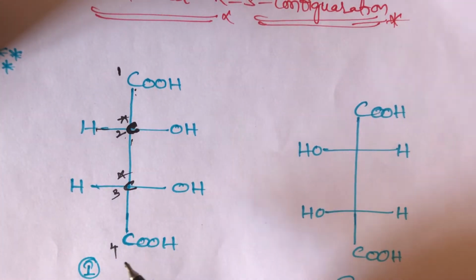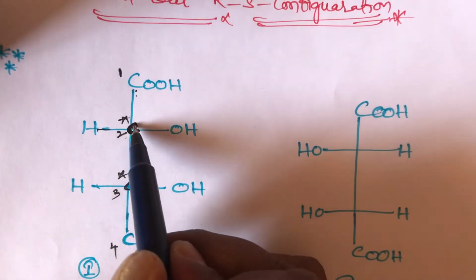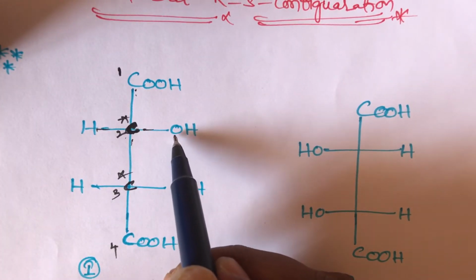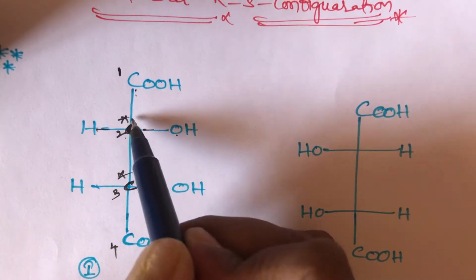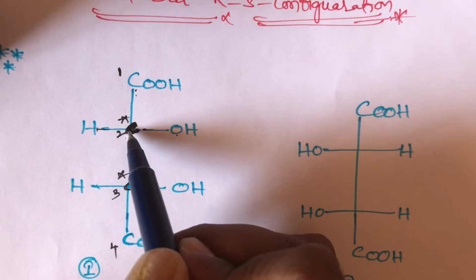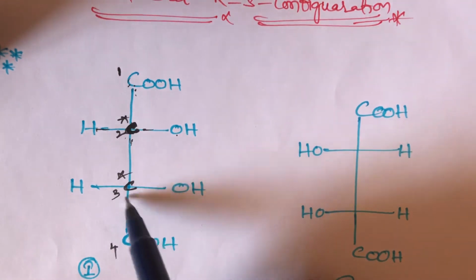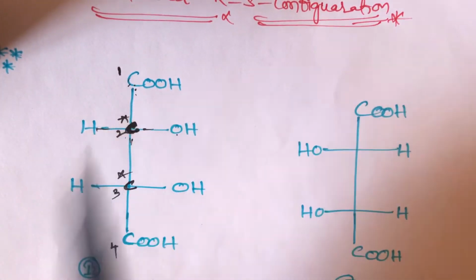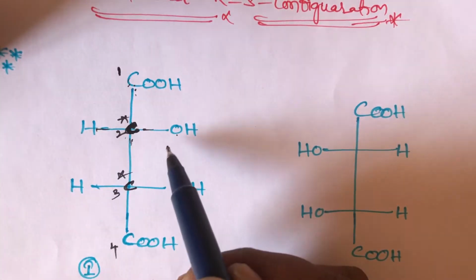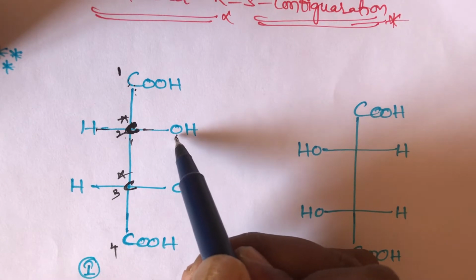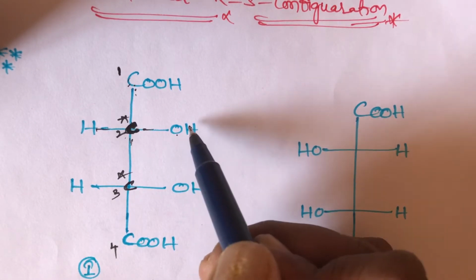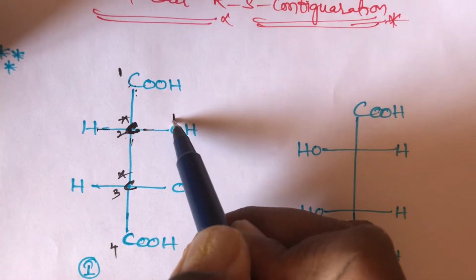Now for the priorities. The first rule is based on atomic number. This carbon is directly attached with oxygen, whose atomic number is 8. The other attachments are carbon with atomic number 6, another carbon with 6, and hydrogen with atomic number 1. Oxygen has the biggest atomic number, so the first priority goes to the OH group.